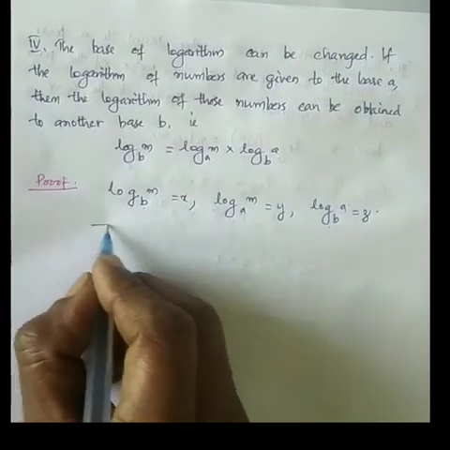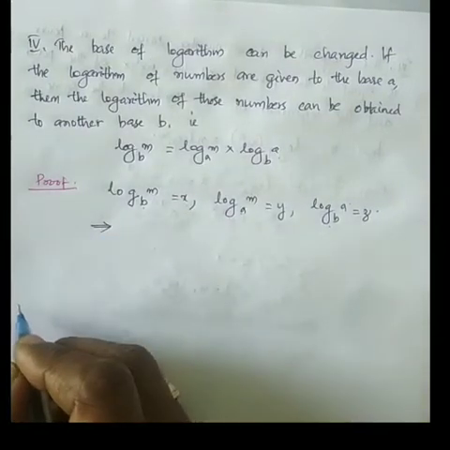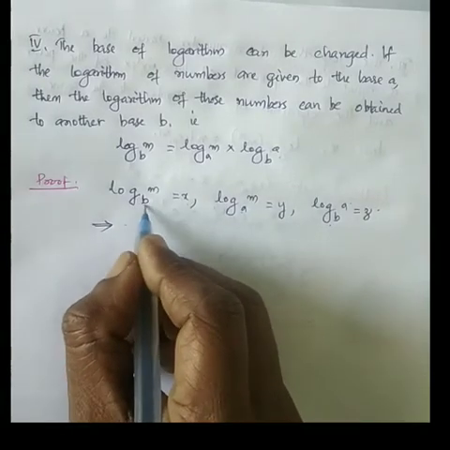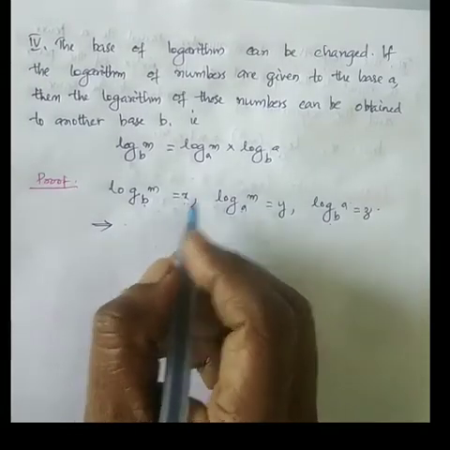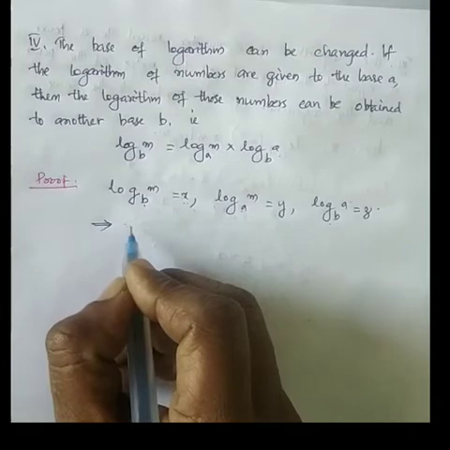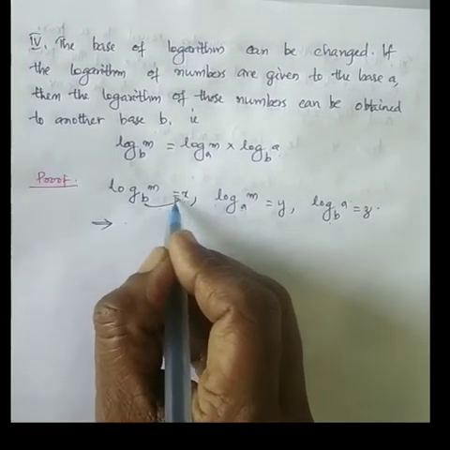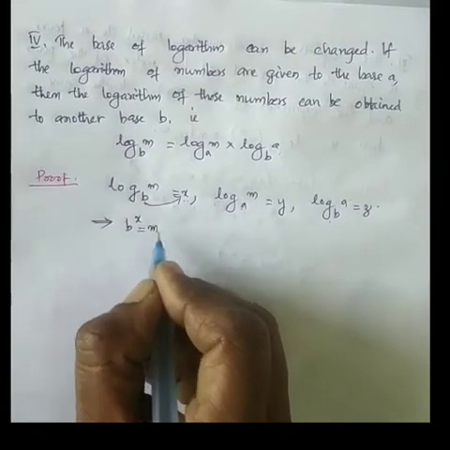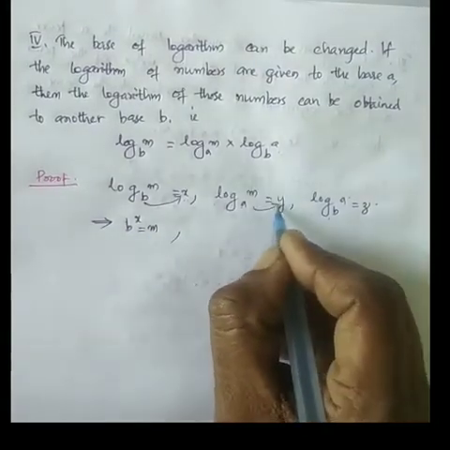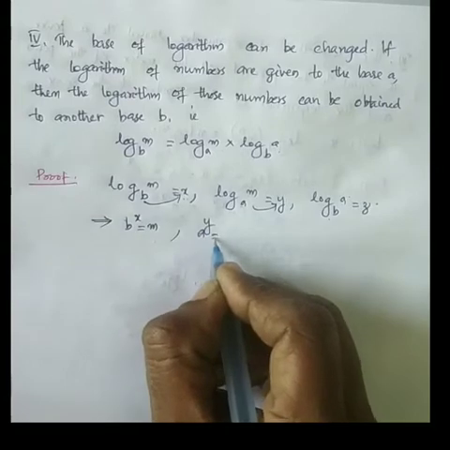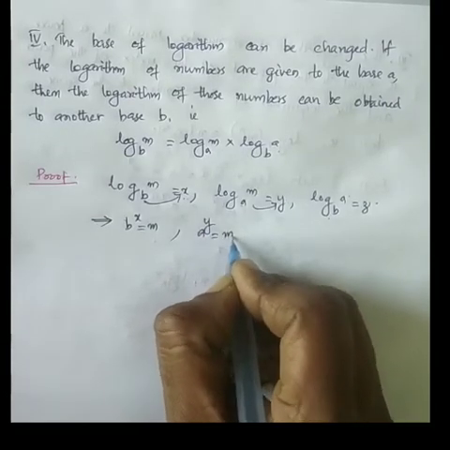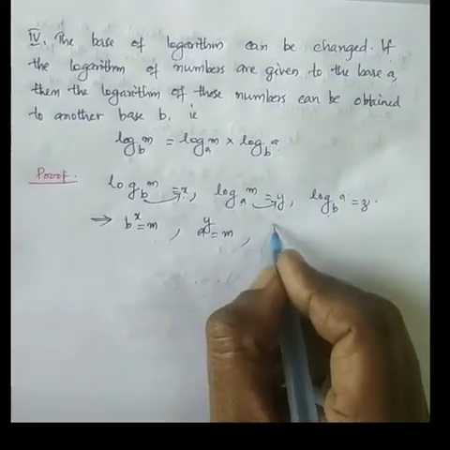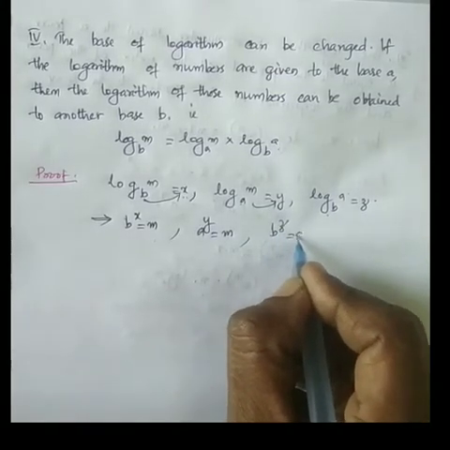By using the definition of logarithm, we can write log m to the base b equal to x as b raised to x equal to m, and a raised to y equal to m, and b raised to z equal to a.